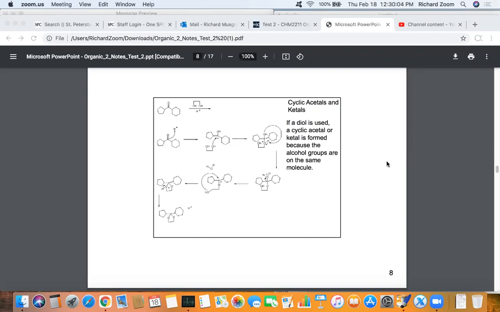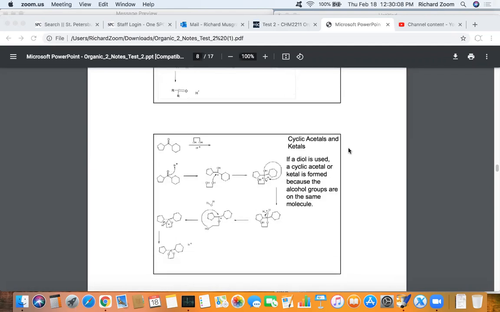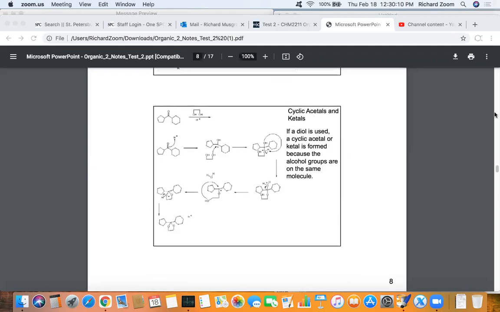So we were talking last time about cyclic acetals and ketals, and I discussed two reactions. One was the adding of the diol, which is a compound like this. It's got two OH groups on the same molecule, to a ketone or aldehyde to produce either a cyclic acetal or ketal.